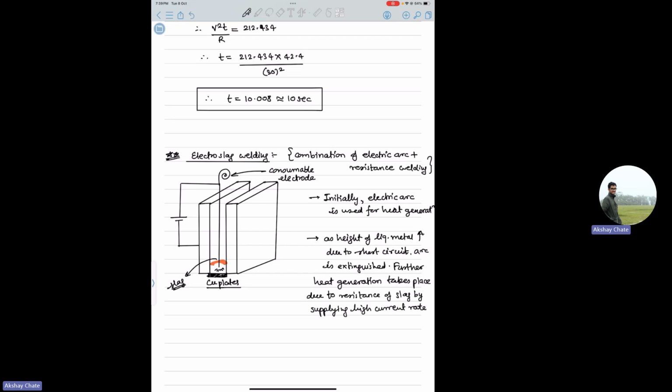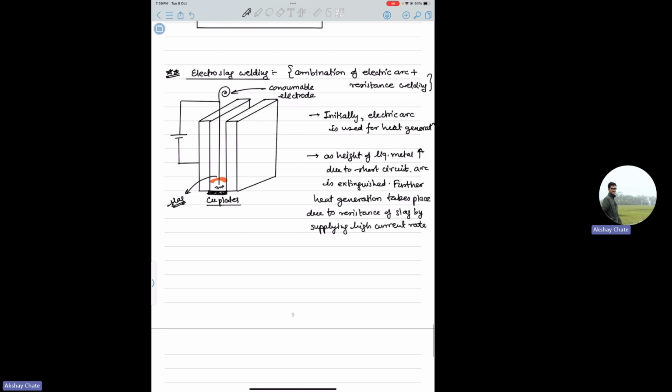Okay, so this is a particular technique which is a combination of electroslag, resistance and electric arc. Okay, and we should remember certain applications which are peculiar for this. So first is again shipbuilding.